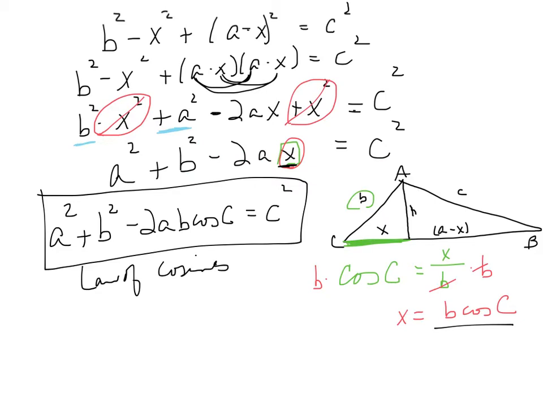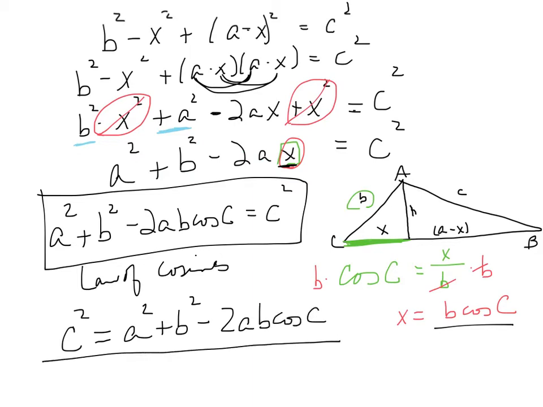Okay, now good news, it's also on the reference sheet. So it's going to be given to you probably like this: c squared equals a squared plus b squared minus 2ab cos C. And actually, you know what, now that I think of it, it's not.